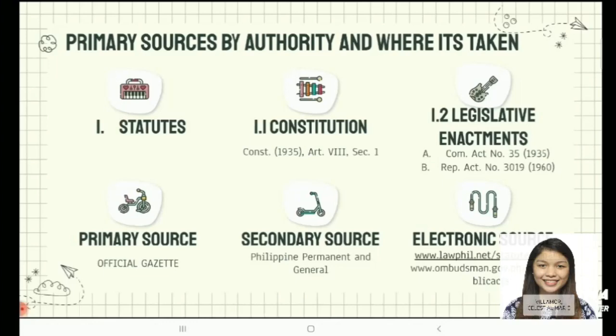Also, we have Republic Act Number 3019 of 1960. The primary source of these statutes is the Official Gazette, while its secondary source is the Philippine Permanent in General, and its electronic source is www.lawphil.net.